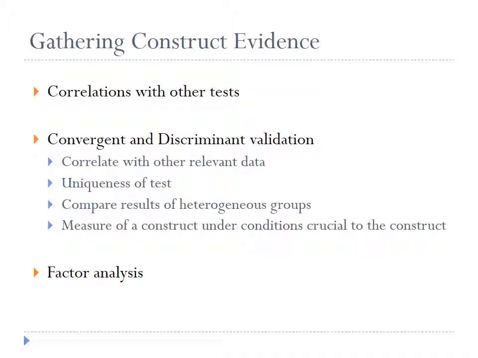We could compare our results to other groups that may be diverse, different populations. All of these approaches use a mathematical concept known as factor analysis. And factor analysis allows us to determine whether or not the items we have actually do correlate together and make up evidence of a construct.